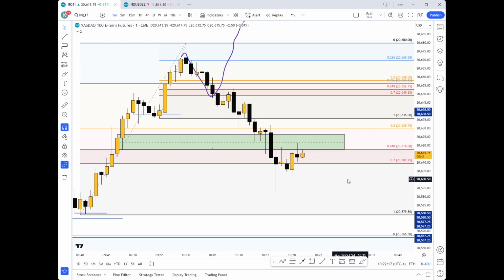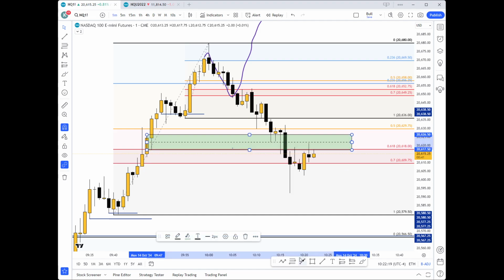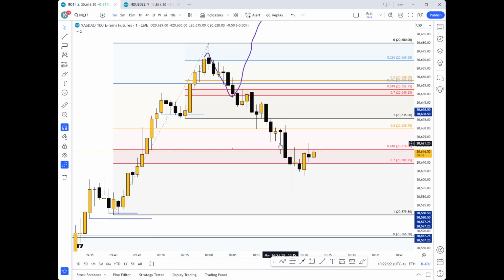Right? And for me, this area was obviously a lot of volume. We had the attempt to rally here, which failed.